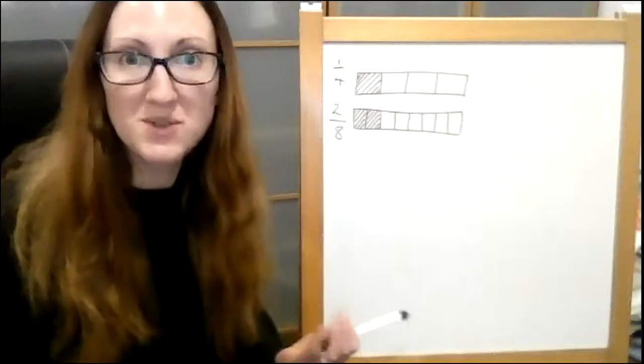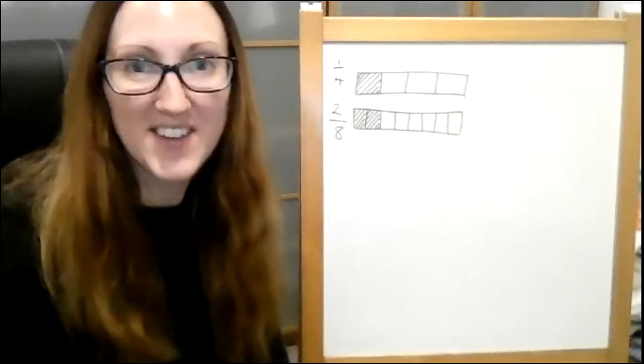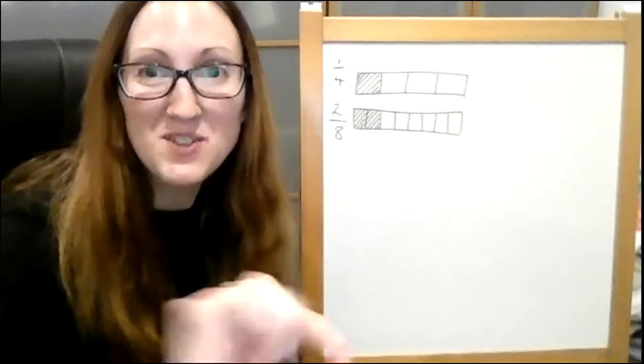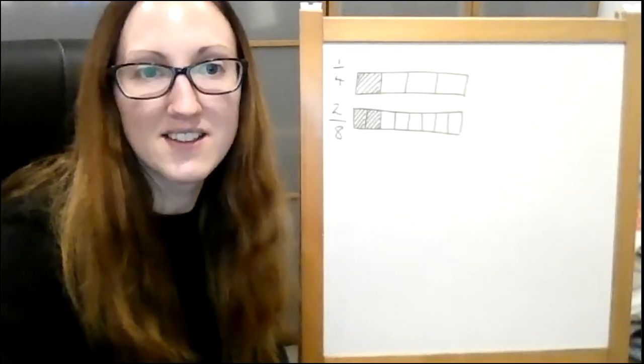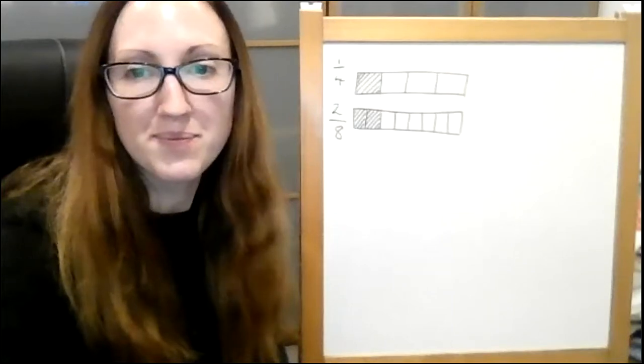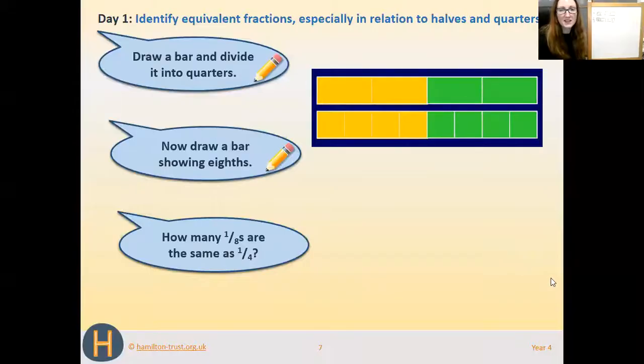So 1 quarter is equivalent to 2 eighths. Okay, can you see that? Make sure you've drawn it out nice and clearly. Okay, let's see what we're doing next.